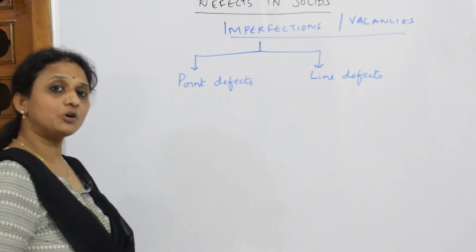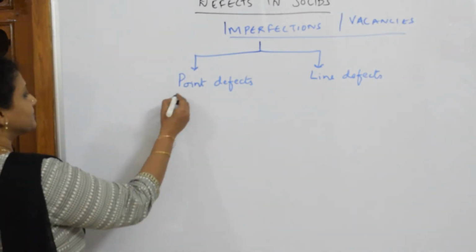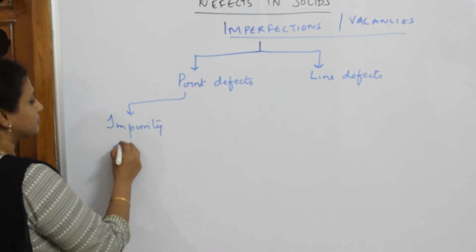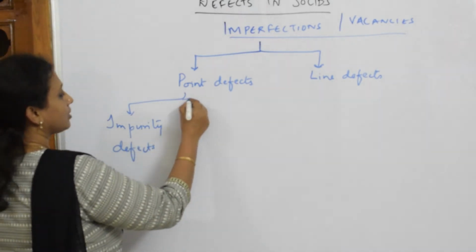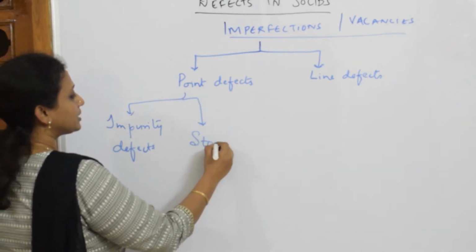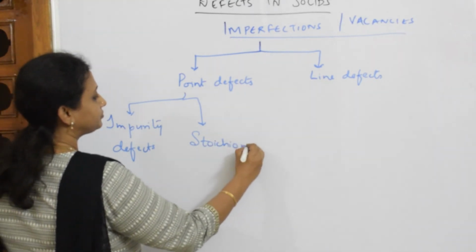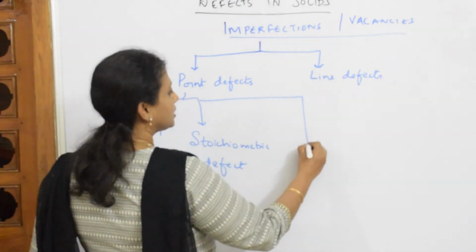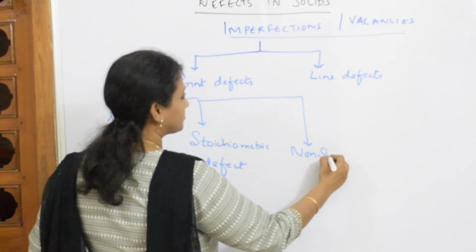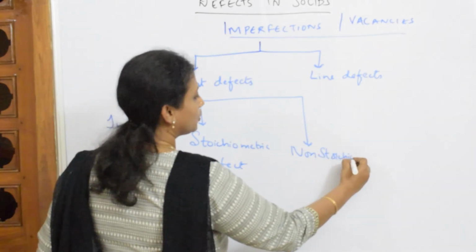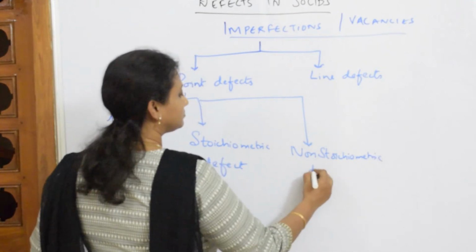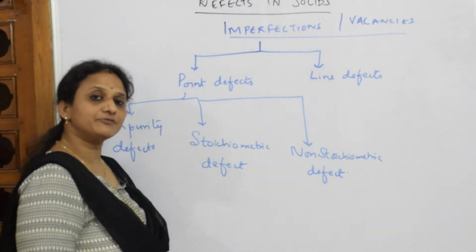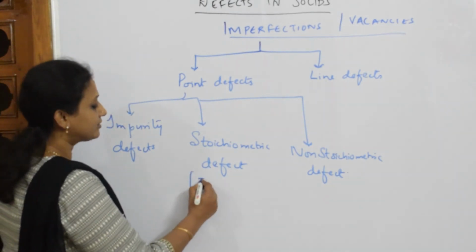When I speak about point defects, these are further divided into impurity defects, stoichiometric defects, and non-stoichiometric defects. Stoichiometric defects, the other name given for stoichiometric defects is intrinsic defects.